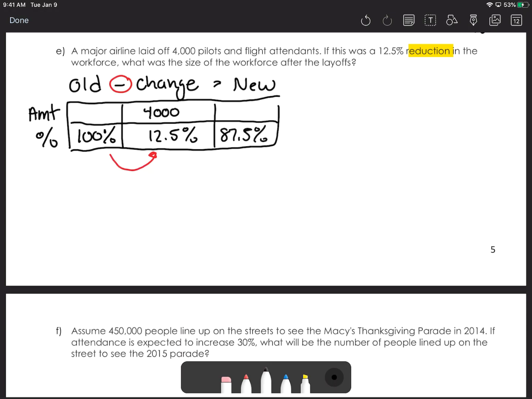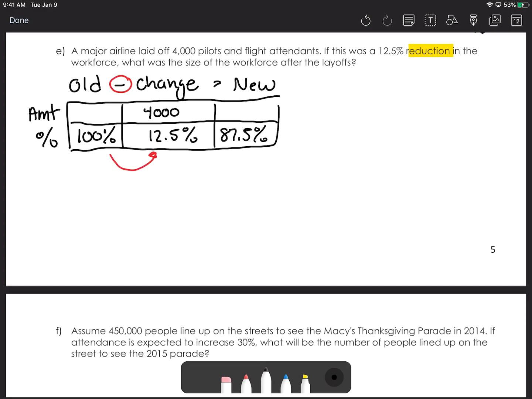So if we start with the old value, which is the original 100%, and we decrease it by 12.5%, then the new value is going to represent only 87.5% of the old value. Now the question is asking for the size of the workforce after the layoffs.